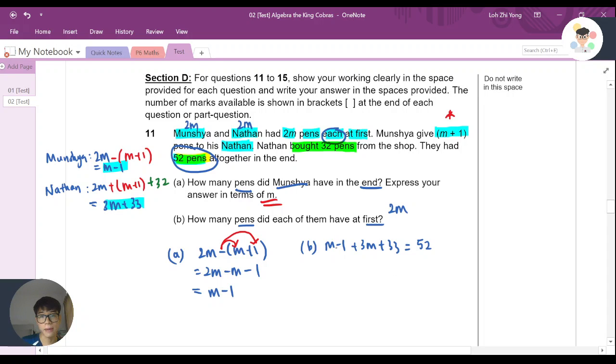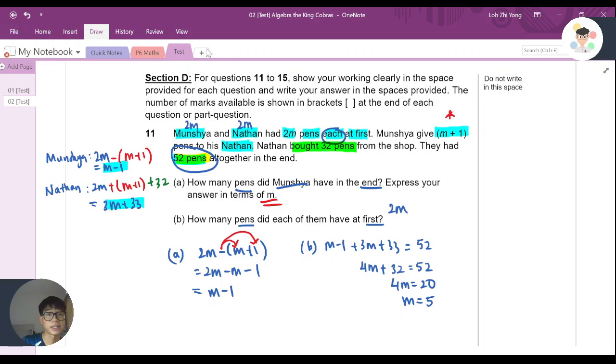So m plus 3m is 4m, 33 minus 1 is 32, equal to 52. So 4m is equal to 52 minus 32, which is 20, and m is equal to 5.